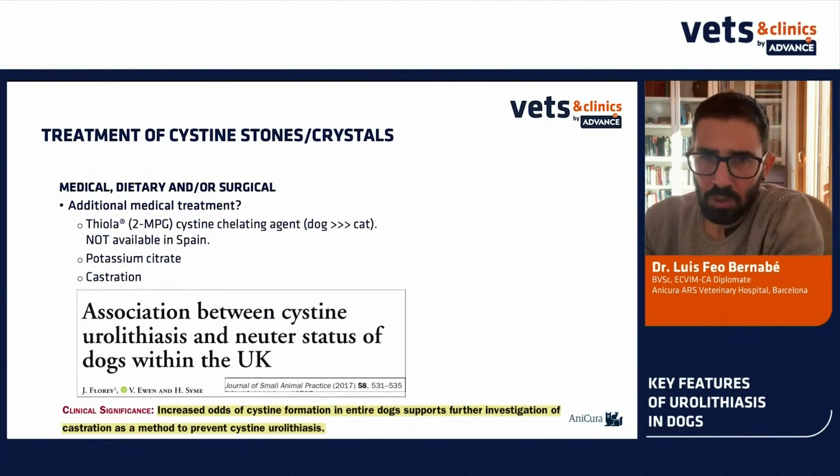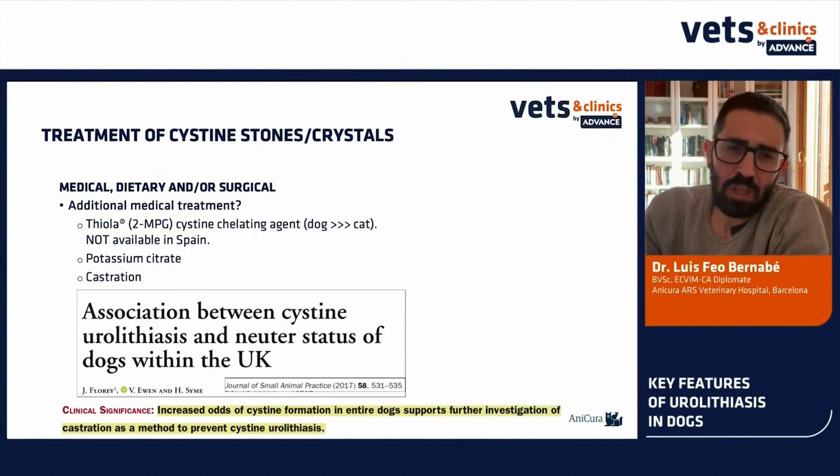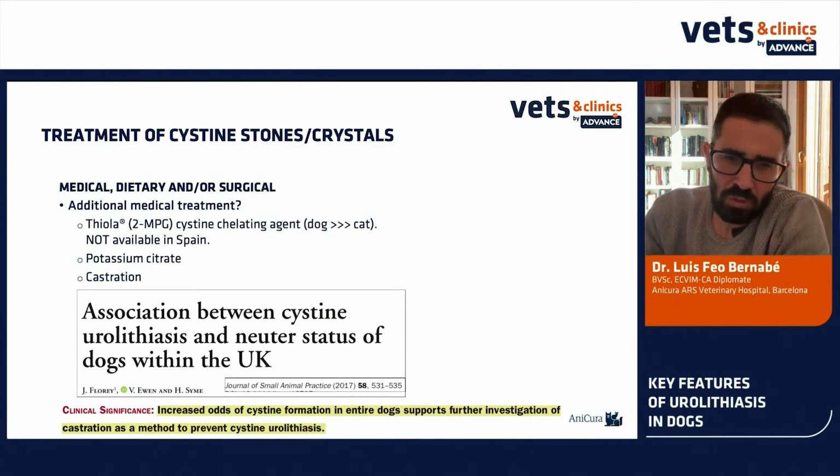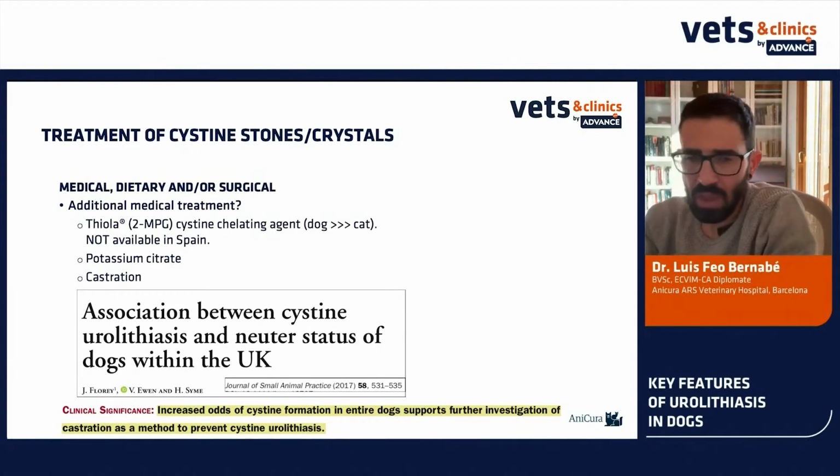Definitely, there are other medical options that you can use in combination with the diets. For example, Thiola is one of the options, a cystine chelating agent that is more effective in dogs. We don't have it in Spain, but you can get it in the United States or other countries. Potassium citrate will also be helpful to change the pH.